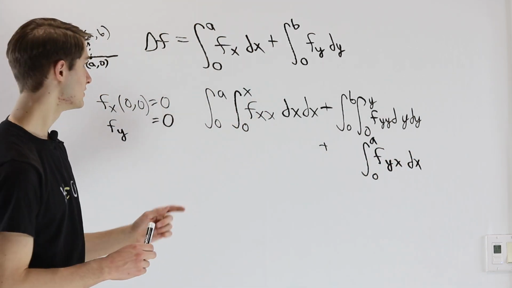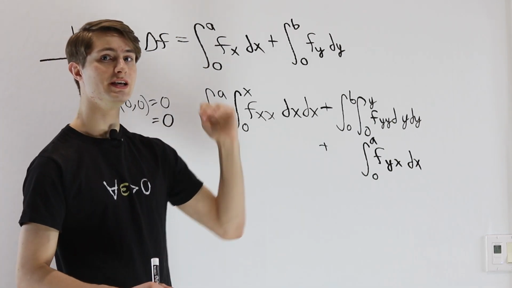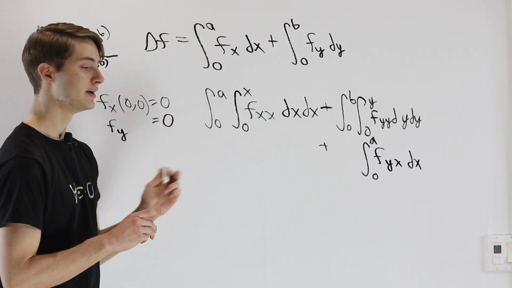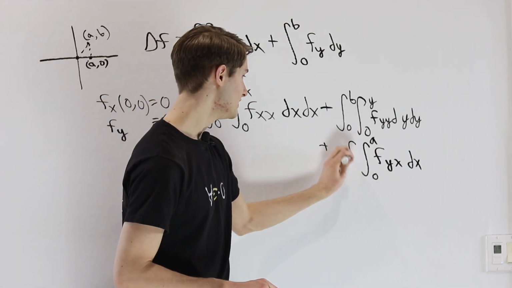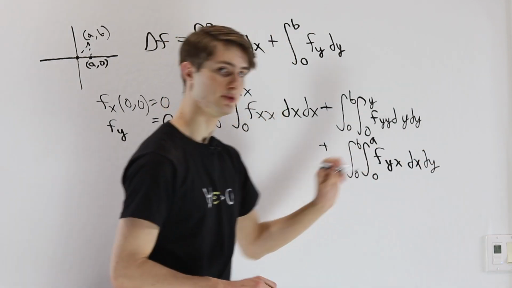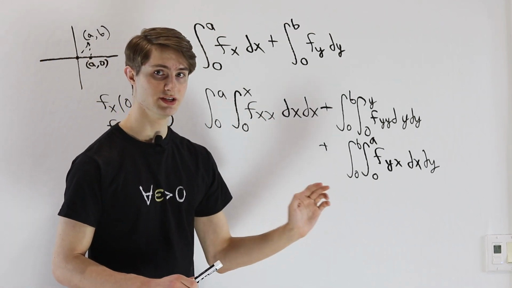This is how much that shift in x from 0 to a has affected the slope in the y direction. That's what our mixed partial is talking about. And then from there, we take the integral of this value from 0 to b with respect to y. Now all we have to do is figure out all of these integrals.